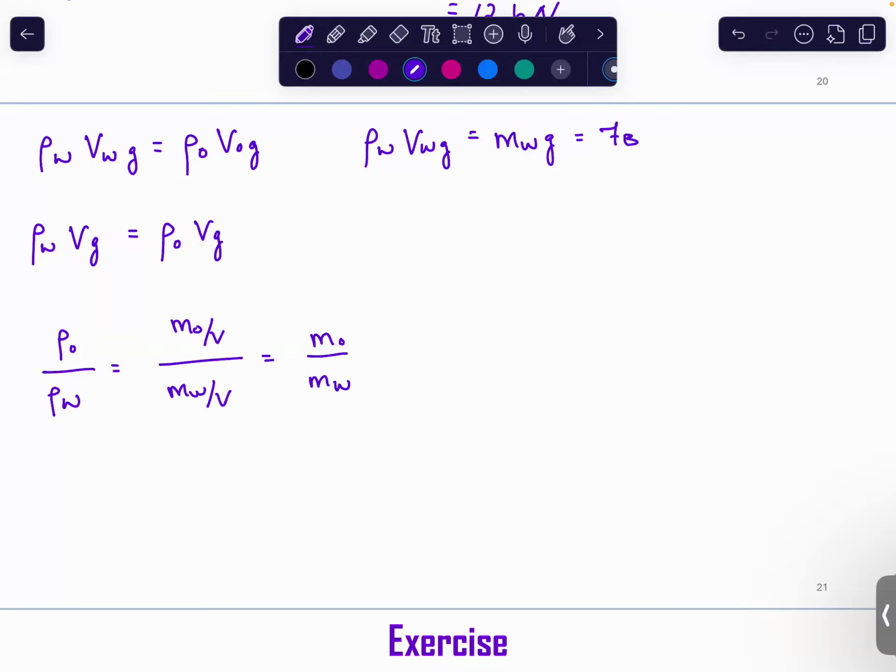Then I'm going to multiply by g over g, which tells us the mass of the object times gravity is the weight of the object, and the mass of the water times g is the buoyant force.